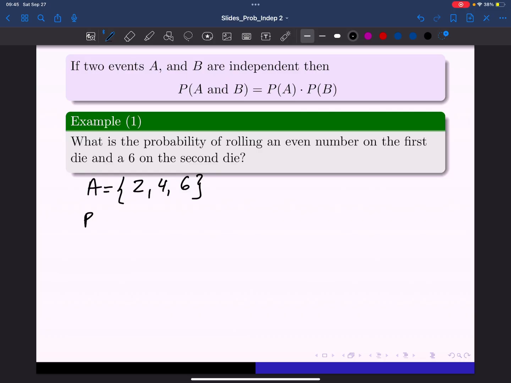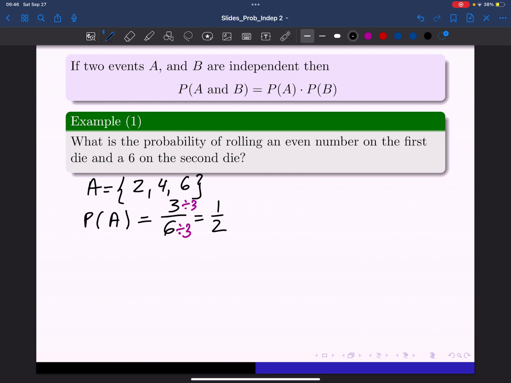The probability of getting an even number on the first die would be 3 out of 6, which is 1/2 if we divide by 3.